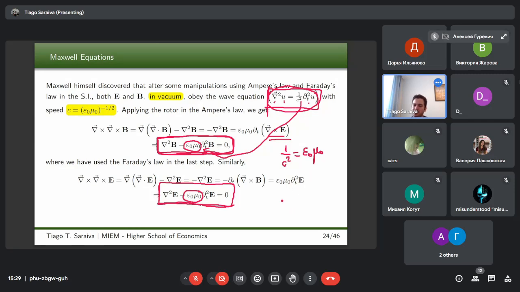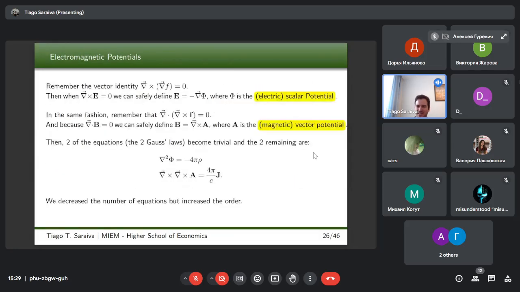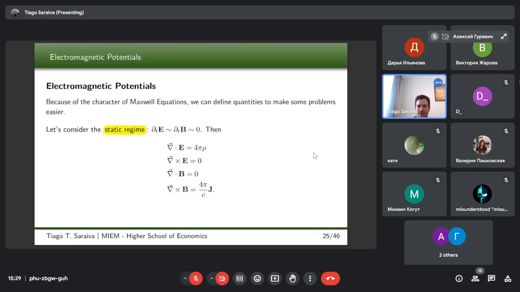This was one of the first successes in physics: he made a theoretical prediction, and when people measured it, they confirmed it. He calculated that if you multiply epsilon 0 by mu 0, take the square root and then the inverse of this number, you get the speed of light in vacuum. And when they measured, this is exactly what they got: 3 times 10 to the power 8 meters per second, the speed of light. It appears from that.